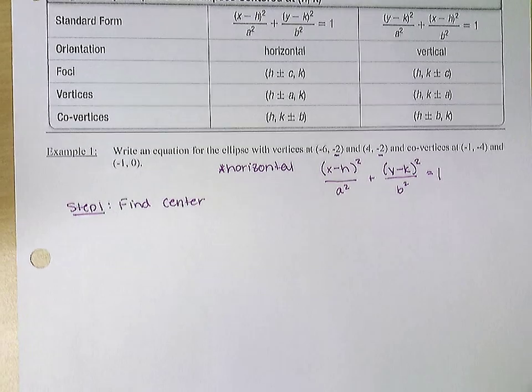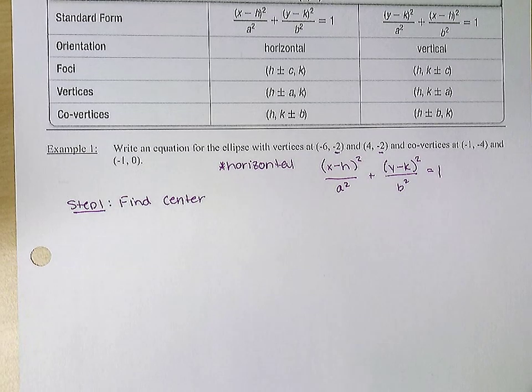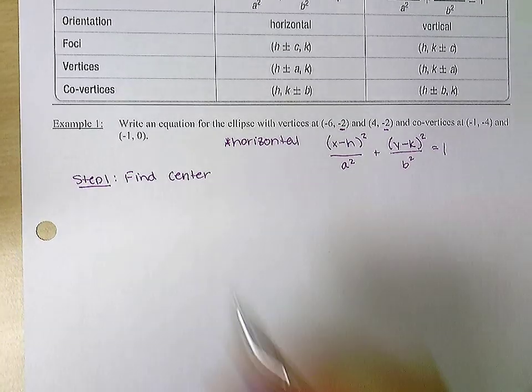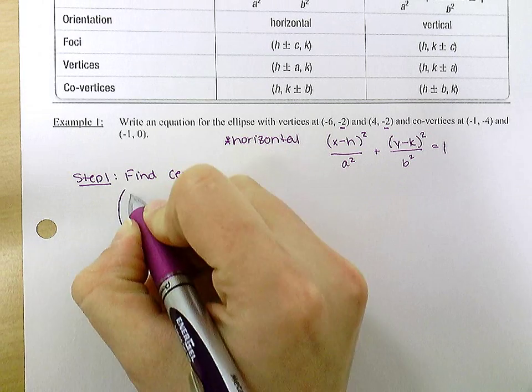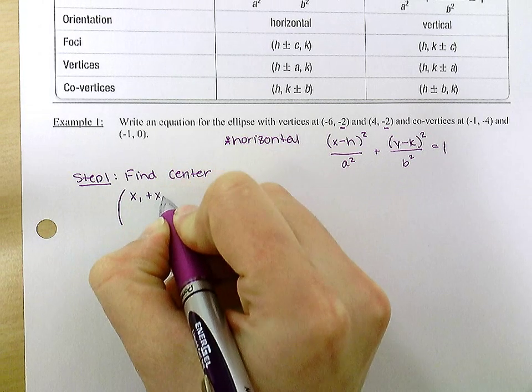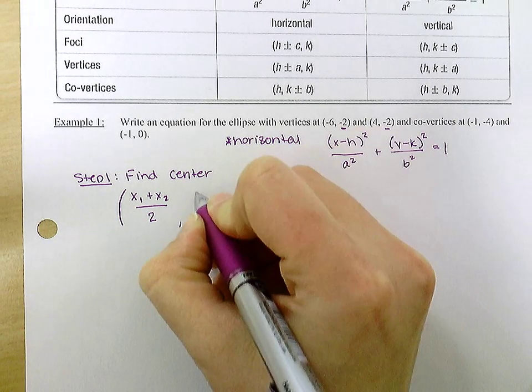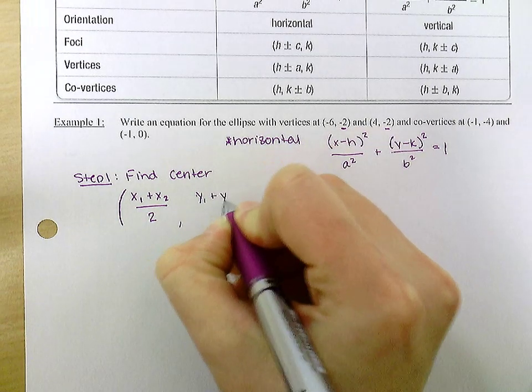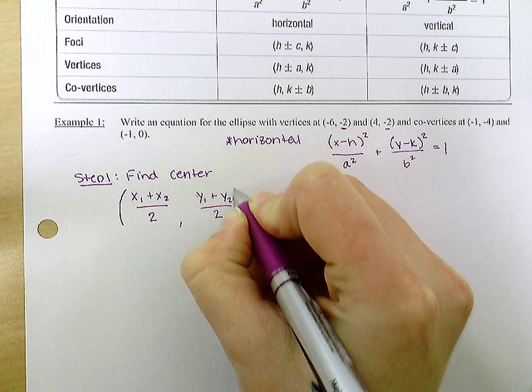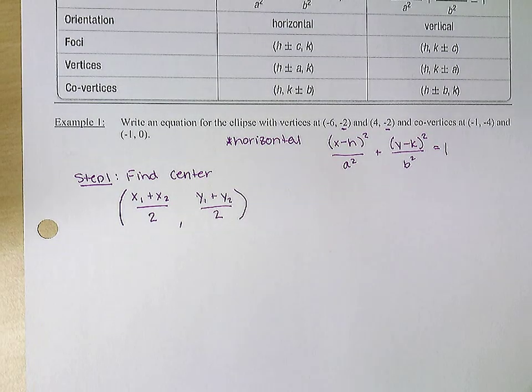Now, just like with circles, to find that center point, we have to use the midpoint formula. That's x sub 1 plus x sub 2 divided by 2, and y sub 1 plus y sub 2 divided by 2. So average your x's, average your y's.